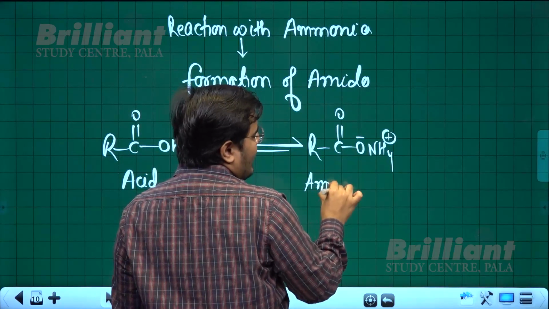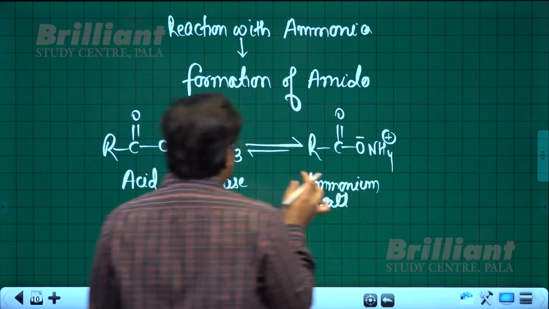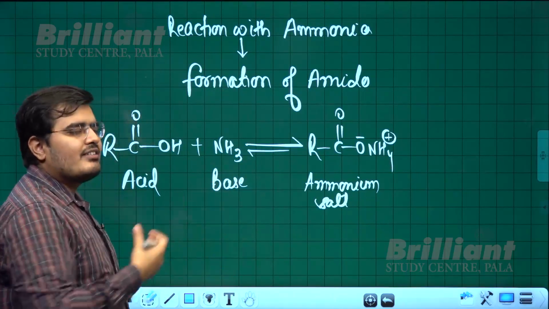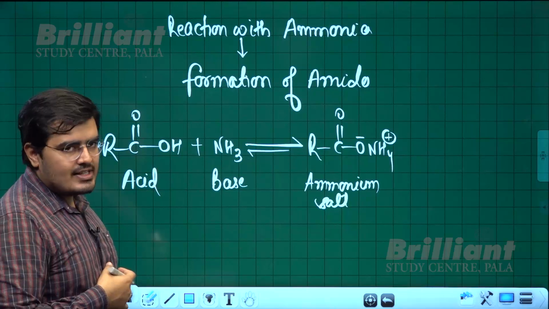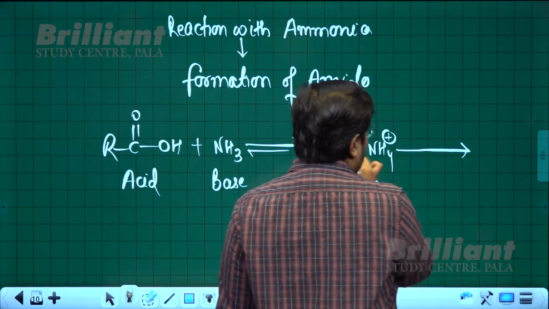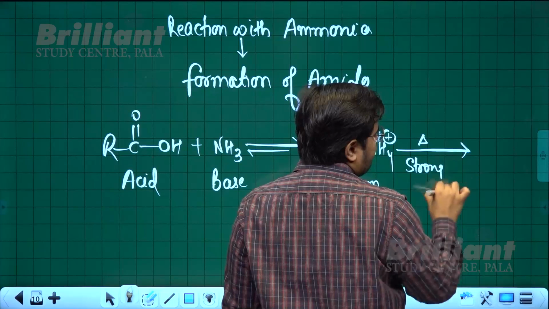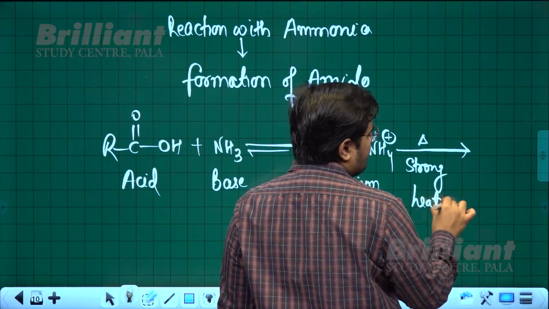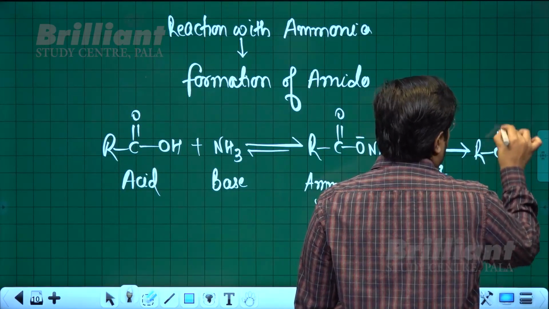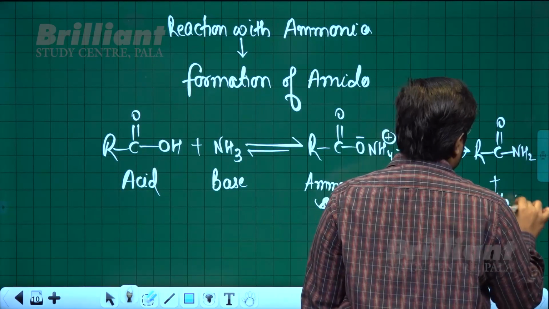So first, due to the acid base reaction, the carboxylic acid will react with ammonia and form the carboxylate salt, or you can say ammonium carboxylate salt. Amide from this will only form if you heat this salt, that is, only on strong heating you are going to get amide as the product, RCONH2, with the loss of water.